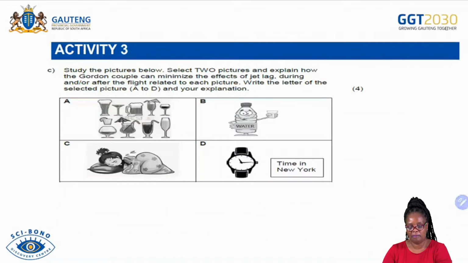Then number B is water: drink a lot and lot of water, which is what we have talked about here. Then number C also is part of that: try to sleep during your flight, and after, try to relax as much as possible. Then number D also is part of that.